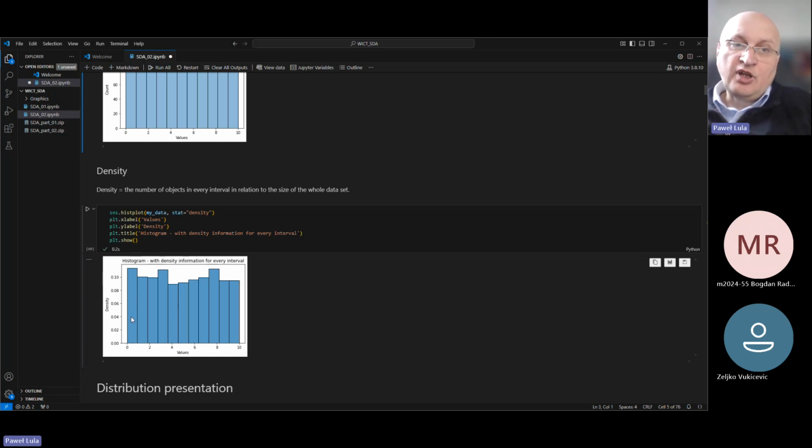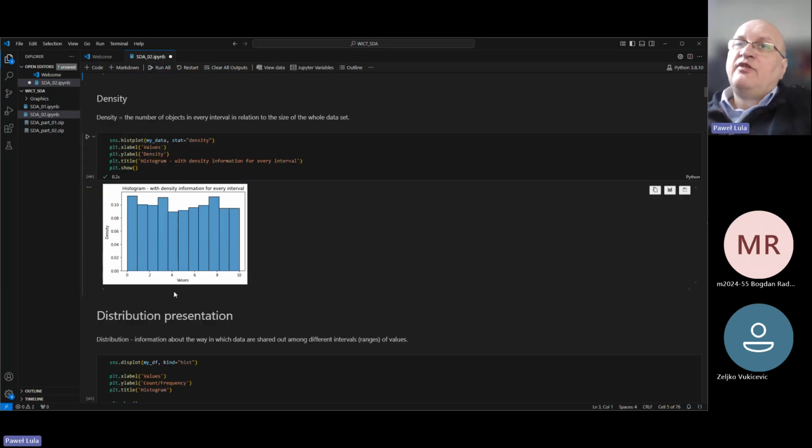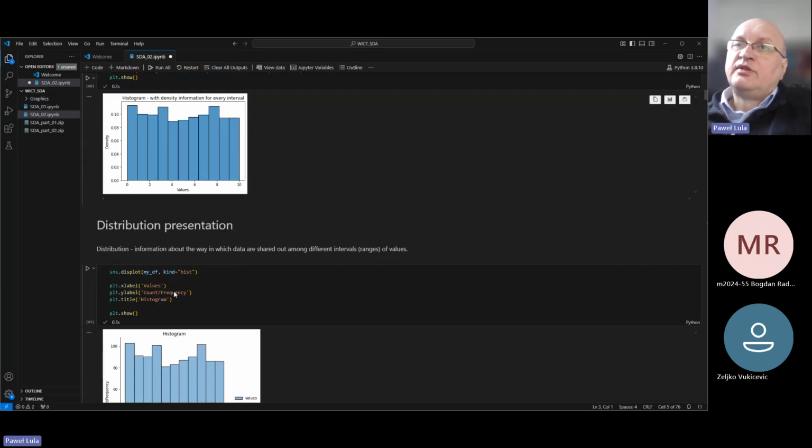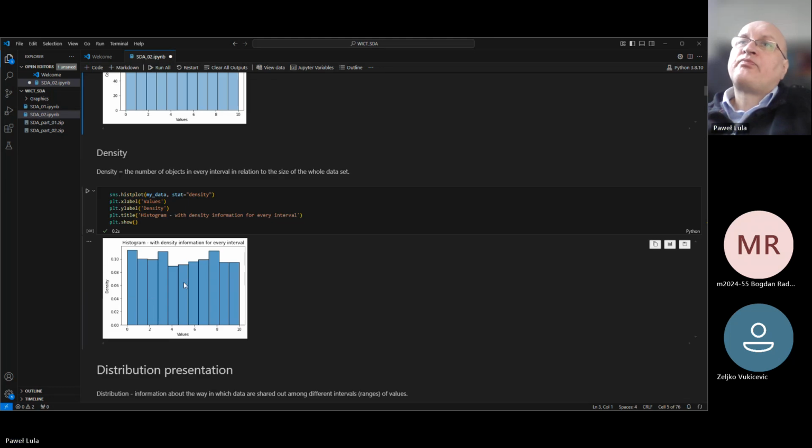And this feature also will be very, very important for us. So it is density, presented using a histogram plot. Very often we use other forms for density presentation.